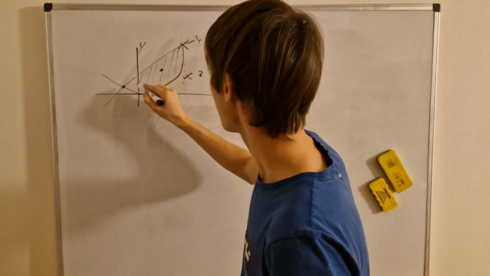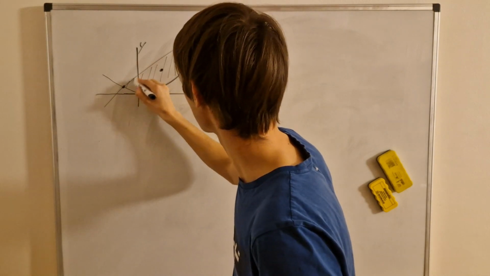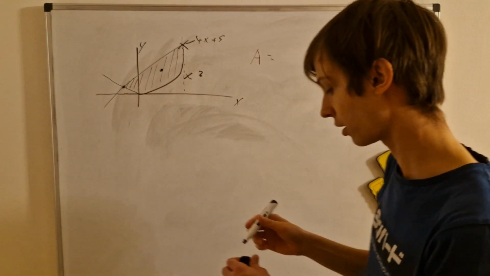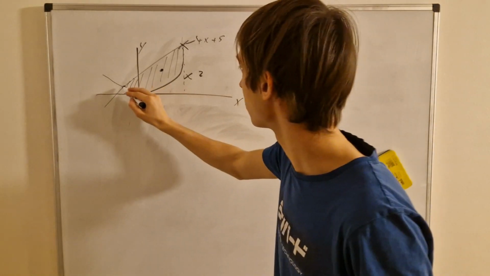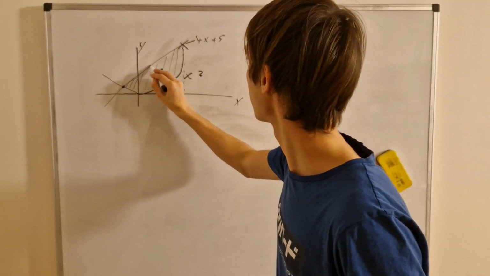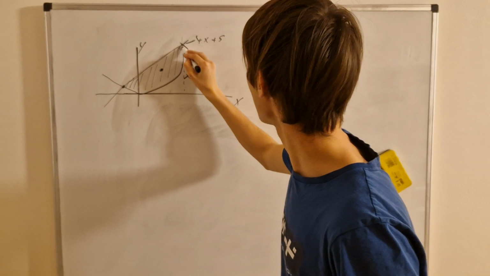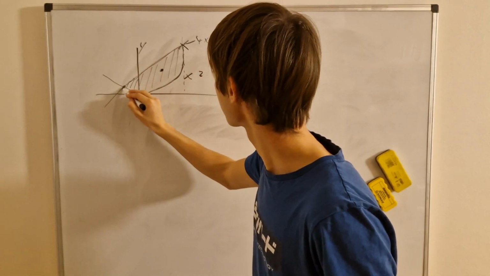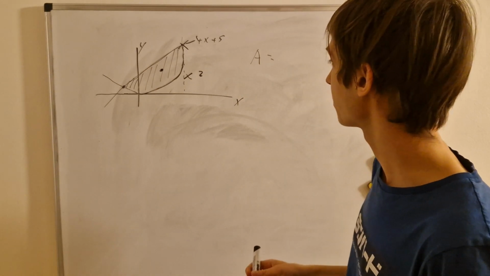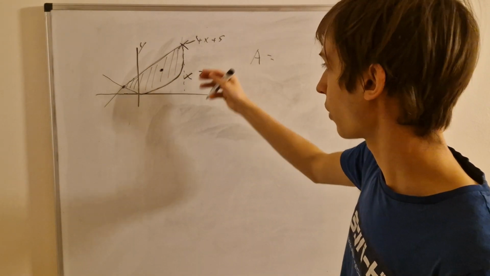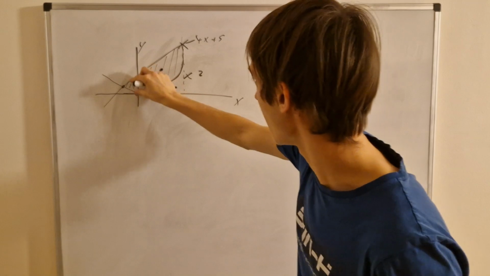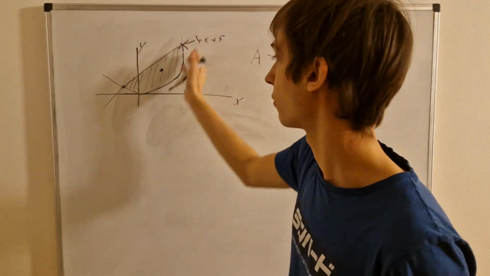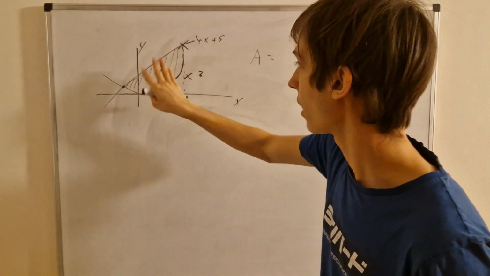So let's say we do not start at 0, but at some point left of the y-axis. So this whole area is bounded above by 4x plus 5 and below by x squared. All the area where 4x plus 5 is higher than x squared on that interval, and I want to find the centroid.